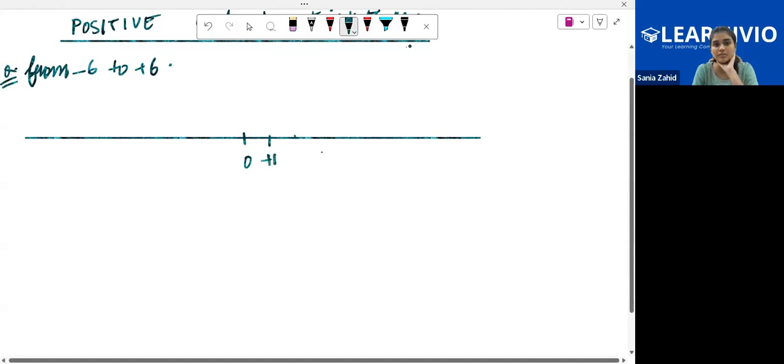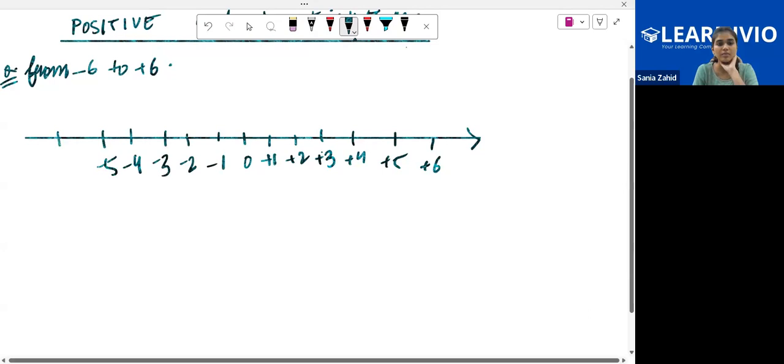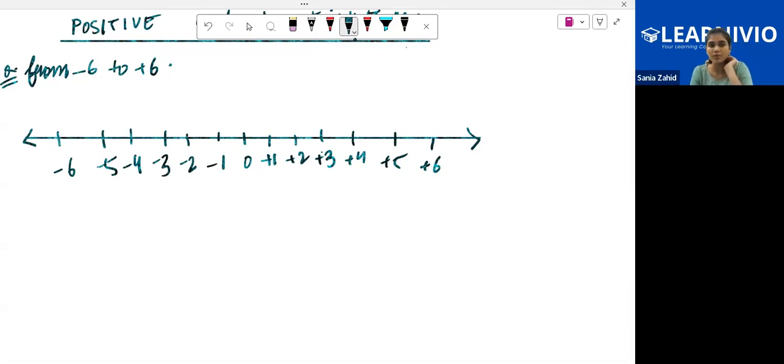You have +1, +2, +3, +4, +5, +6. Then you make an arrow to show that the line can be extended. Then you have -1 over here, -2, -3, -4, -5, -6, and so on. So that is your number line. If you have to draw a number line, this is how you can draw it.